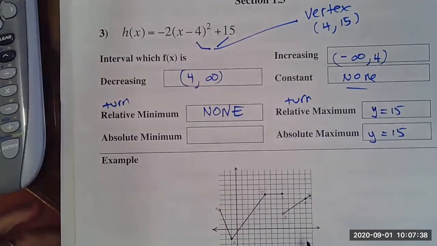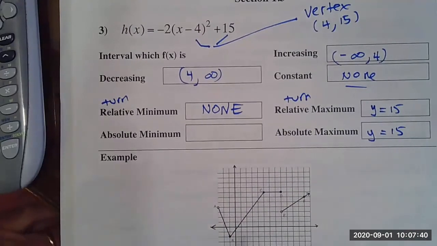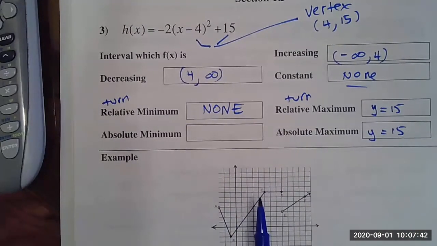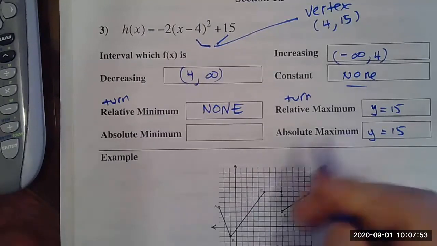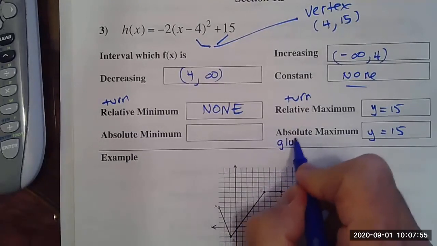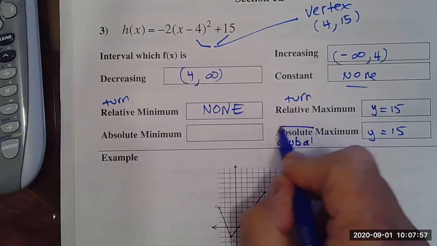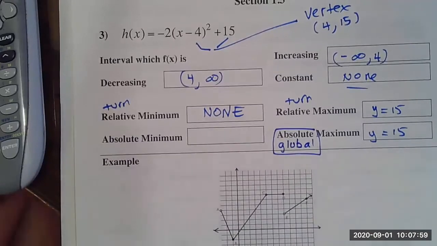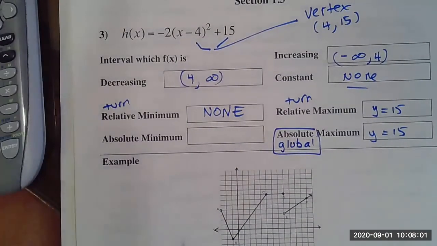So you say absolute. Hey, Bonnie, do you remember in your 1A and 1B, do we use absolute or global? Do you remember the word? I think it's global. So in your calculus, you might see the other word, global.